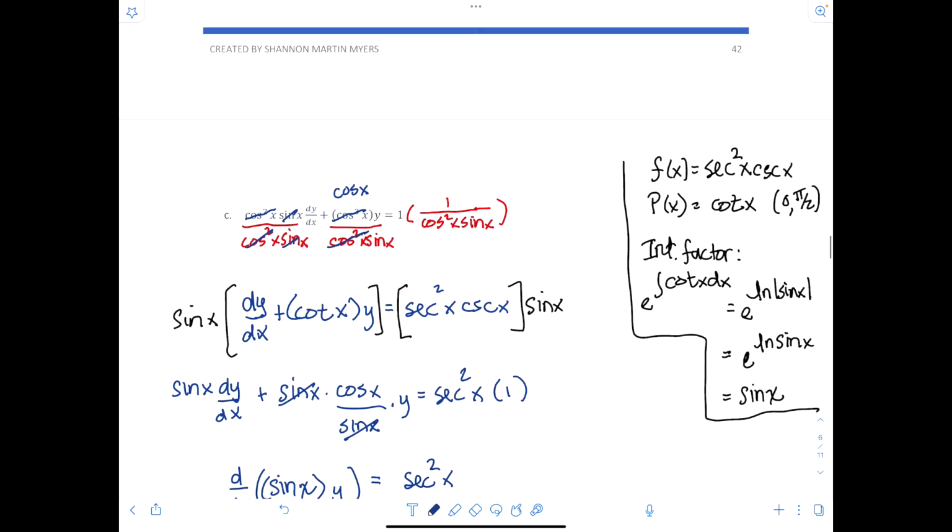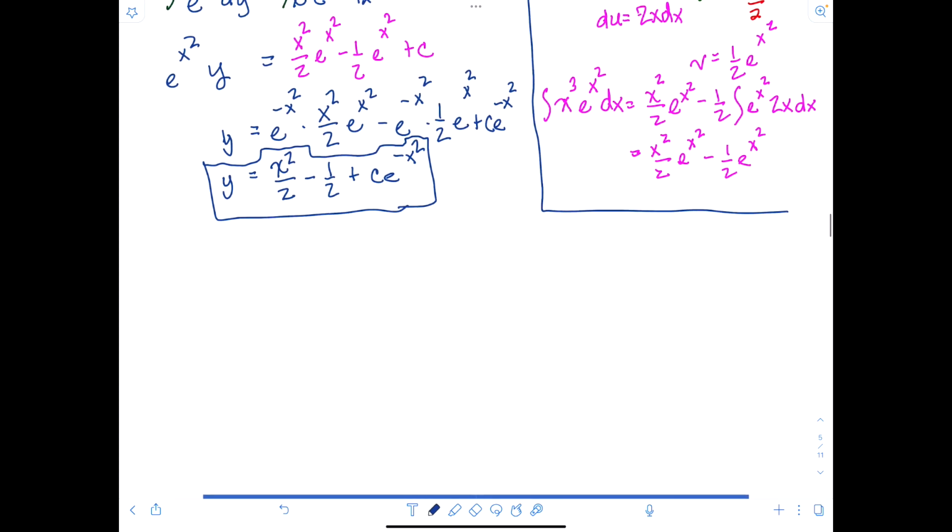Let's double check if we identified transient terms here. We did not. This one here is going to be a transient term, right? So c e to the negative x squared is a transient term.